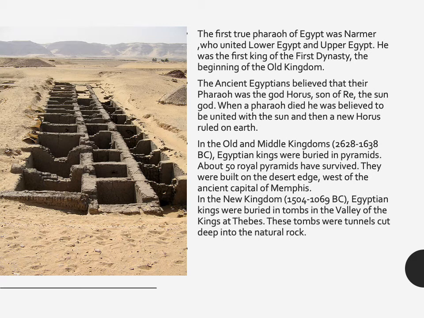The first pharaoh, Narmer, this is the tomb of Narmer, and you see that we have very flat tombs. They tried to hide the tombs because they held a lot of treasure, but it didn't work for them.